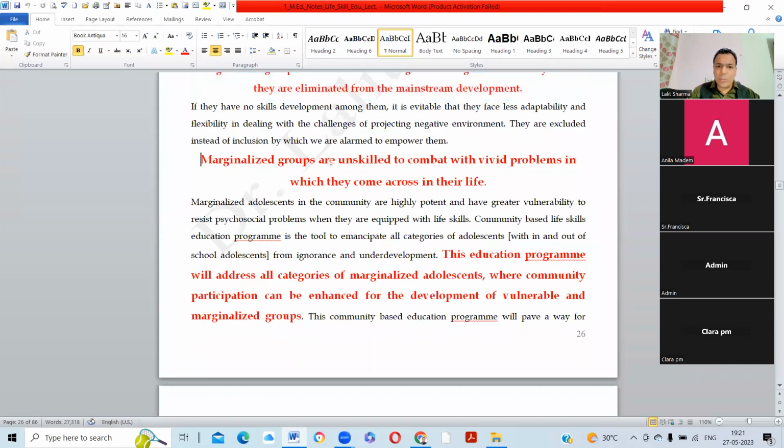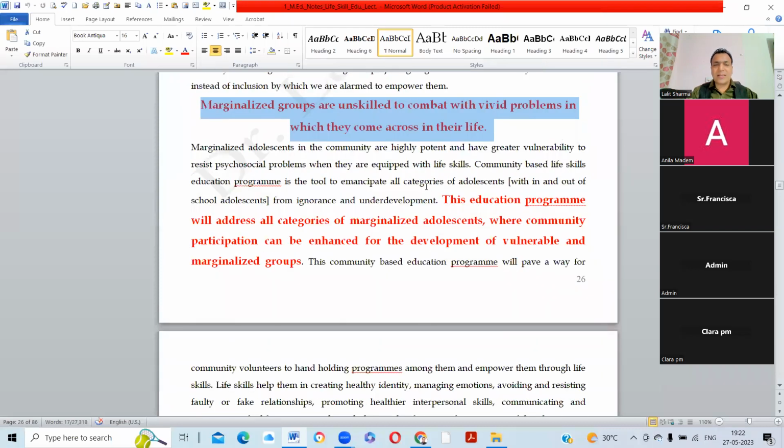Marginalized groups are unskilled to combat vivid problems. Because they are unskilled, they cannot cope with the problems they come across in their life. So it is very necessary to uplift the marginalized group, and we can do it with the help of life skills education when it comes in the curriculum. Curriculum means in our syllabus, right?